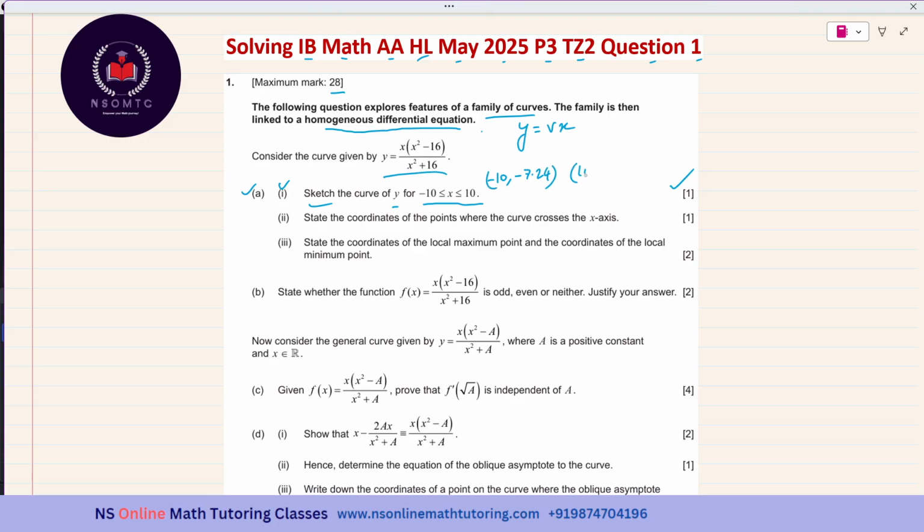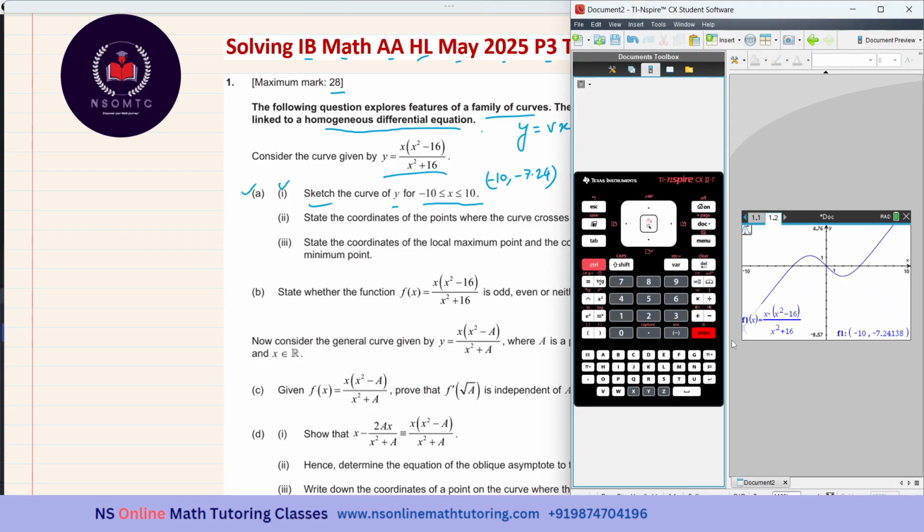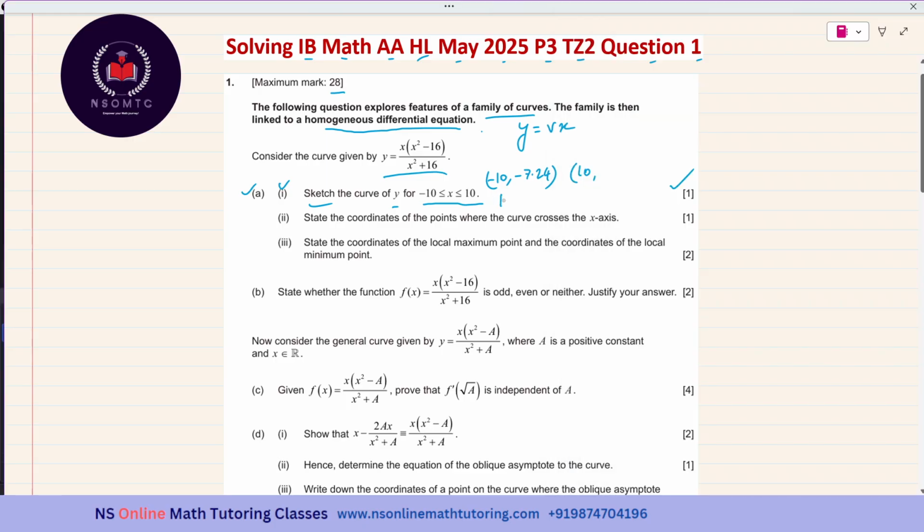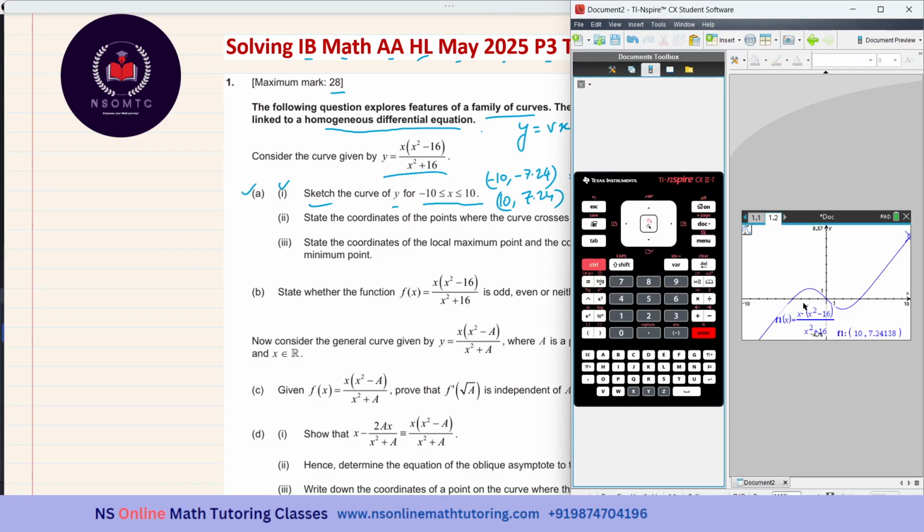And what will be the coordinates? The y coordinate when the x coordinate is 10 is 7.24. Okay, so 10 and 7.24. So these are the 2 points, and now we have to know the maximum, minimum, and the zeros also in order to sketch the curve.